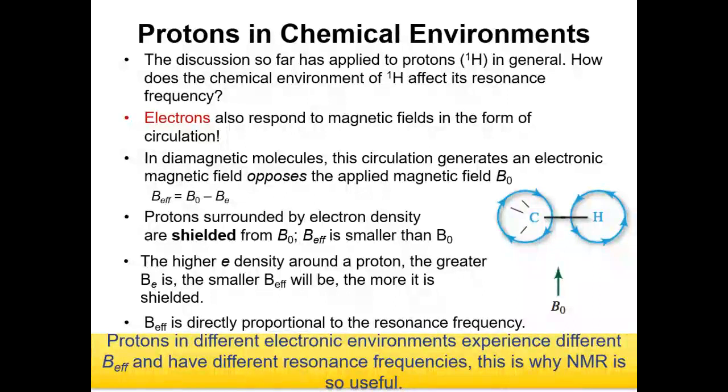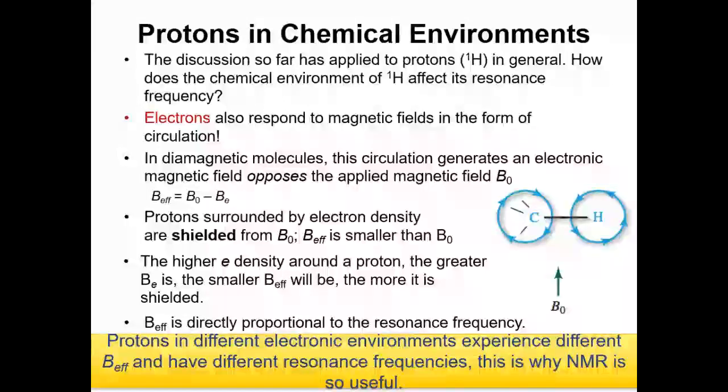In 99.9% of cases, the proton, the nucleus, always has electrons around it. That's the key part.